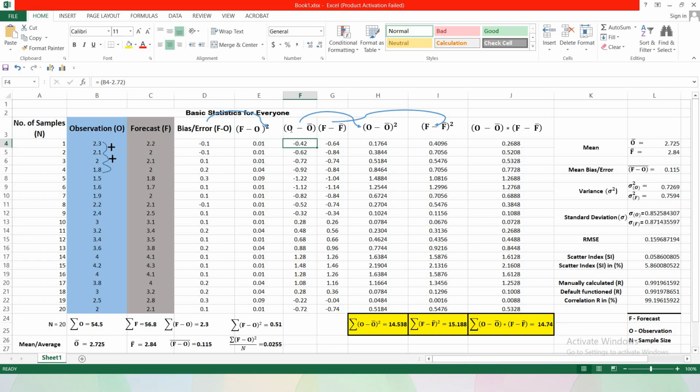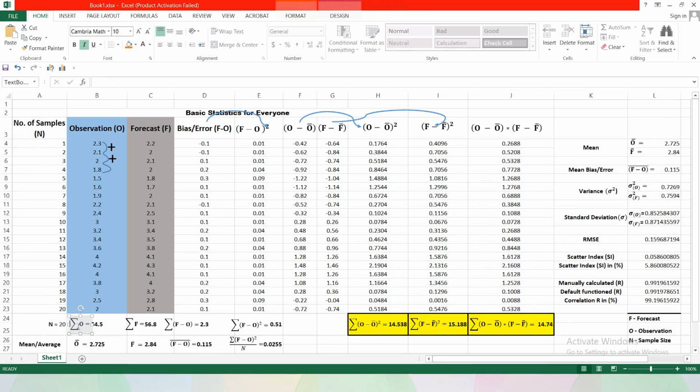And then the next column is the difference between the observation data and the mean of the observation. If I place the cursor in this cell, it shows B4, the observation value 2.3, minus the mean of the observation. We can calculate the mean by adding all the points in this observation data and dividing by the number of data, n equal to 20.